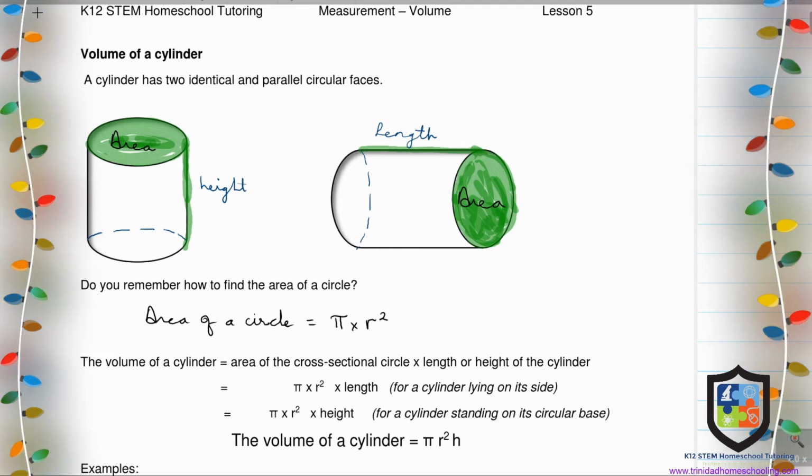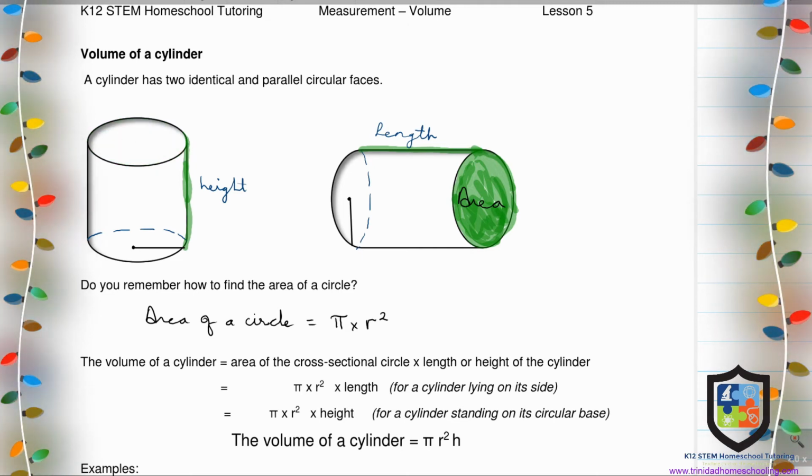Okay, and we remember that our radius starts at the center of the circle and extends to the circumference.